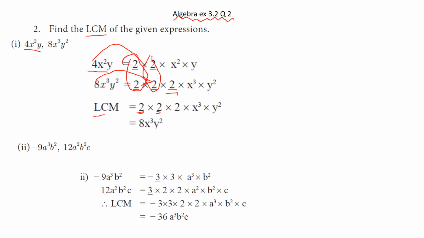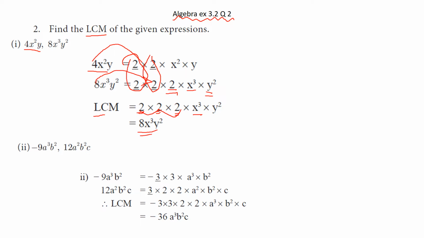Next, the power which is the highest, you can write the LCM. So here x cube is the highest, so you write x cube. And y and y squared, if you compare, y squared is the highest power. So write y squared. Next multiply 2 into 2, 4, 4 into 2, 8. So 8x cube y squared.